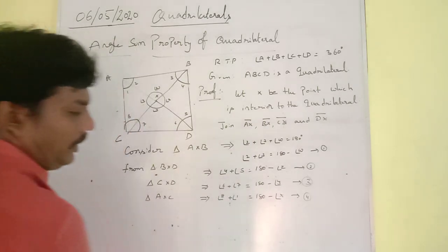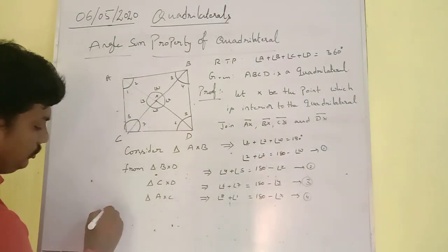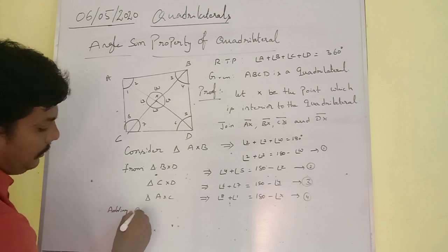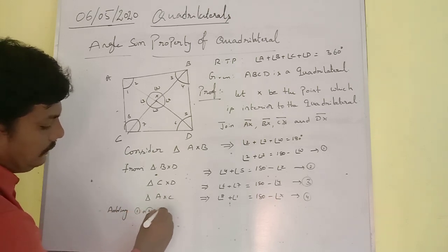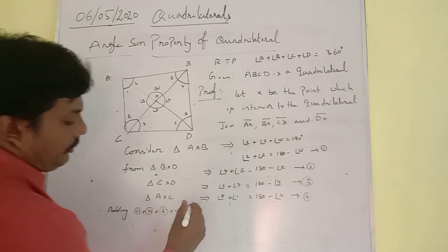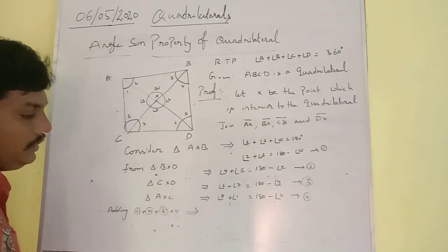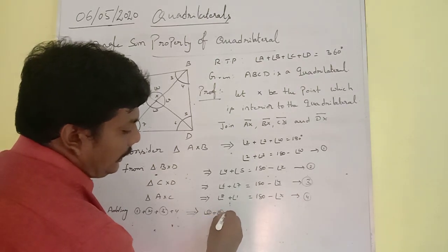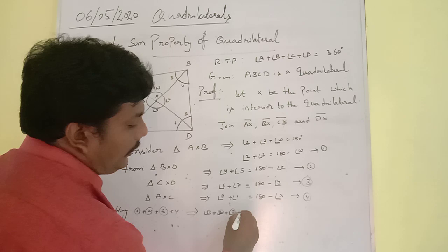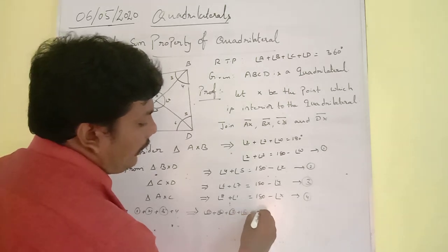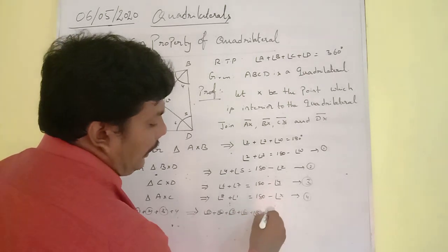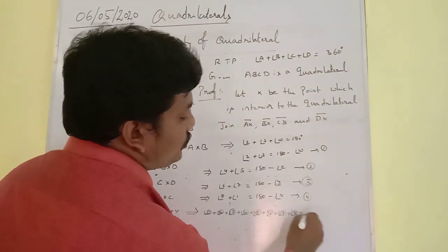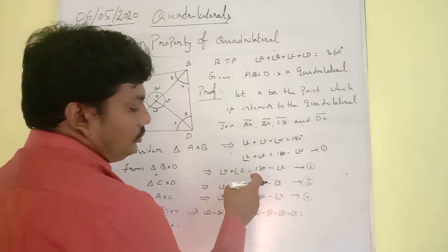Now by adding the 1st, 2nd, 3rd and 4th equations, angle 1 plus angle 2 plus angle 3 plus angle 4 plus angle 5 plus angle 6 plus angle 7 plus angle 8 is equal to how many 180s? 1, 2, 3, 4.